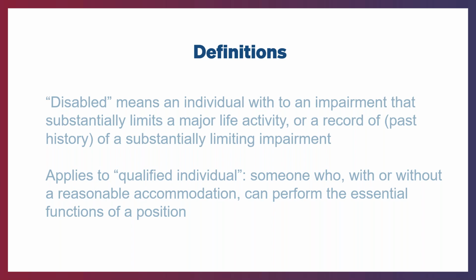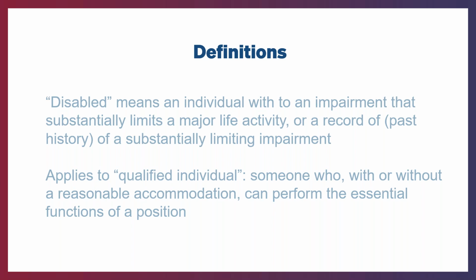You couldn't refuse to hire someone or not place someone in a position because you think, well, in the past they've had issues with this type of injury or this type of illness, and we're afraid that it might happen again, so we don't want to place them in this position.